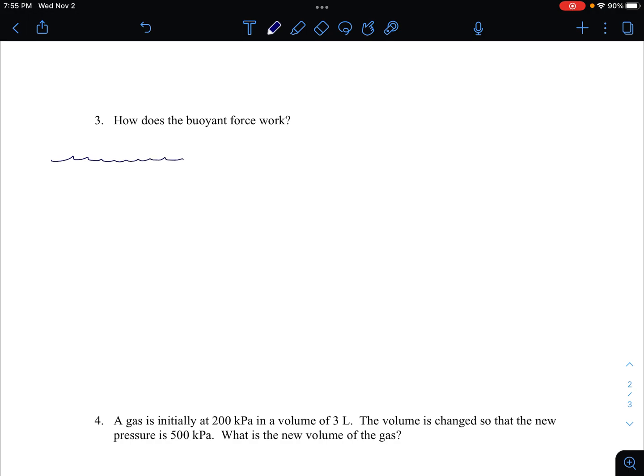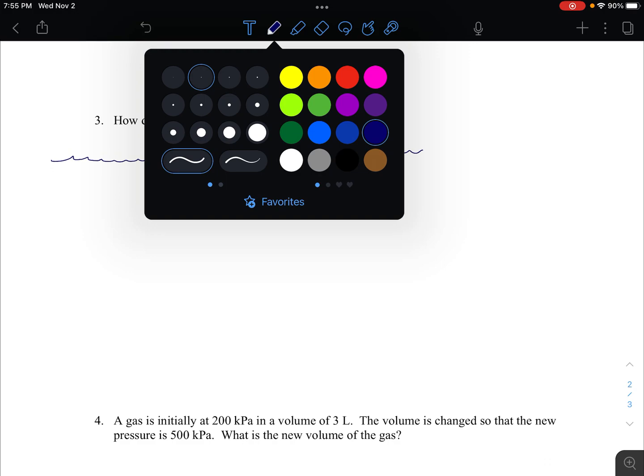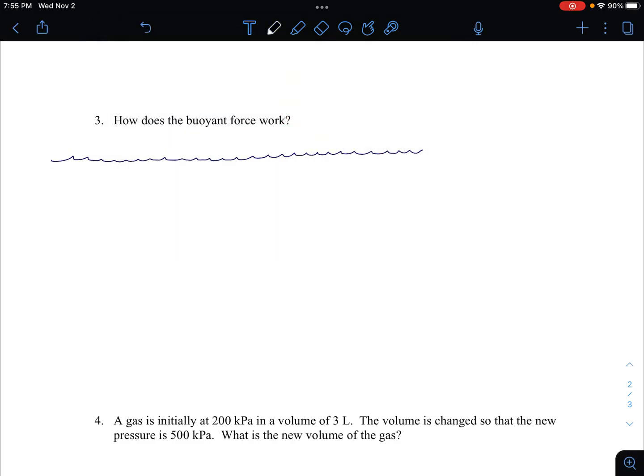So here's the surface of the water. And then I'm going to put a rectangular box down here in the bottom. We're just going to look at it from the side. So here's my box. All right, and then let's go ahead and label the pressures that are exerted on this box.